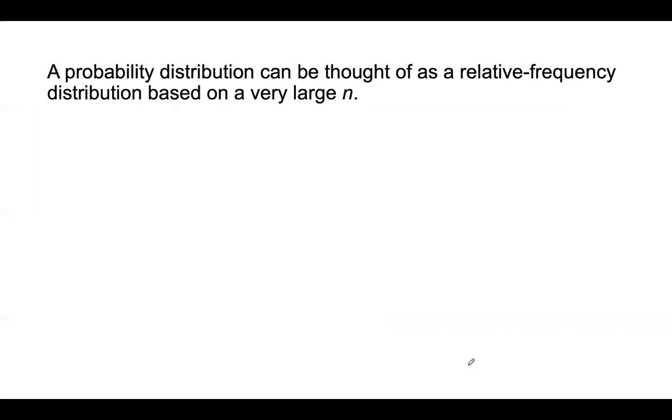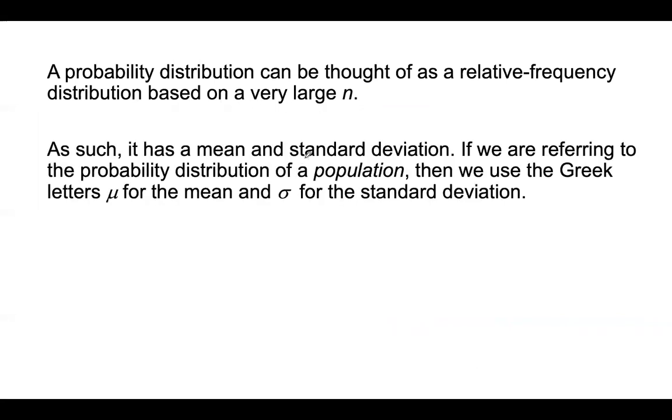So a probability distribution can be thought of as a relative frequency distribution based on a very large n. As such, it has a mean and a standard deviation. If we were referring to the probability distribution of a population, then we use the Greek letter mu for the mean and sigma for the standard deviation. Remember that.